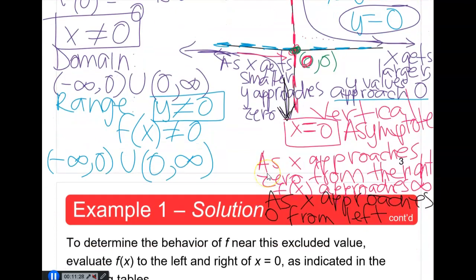So in that case, we said that f of x or y approaches negative infinity.